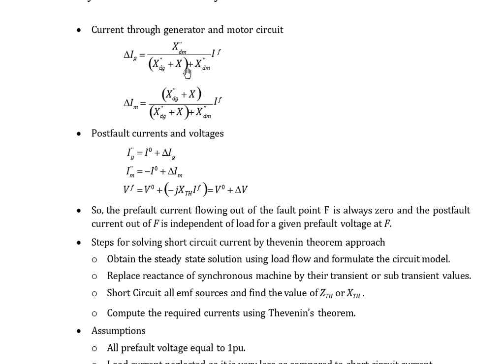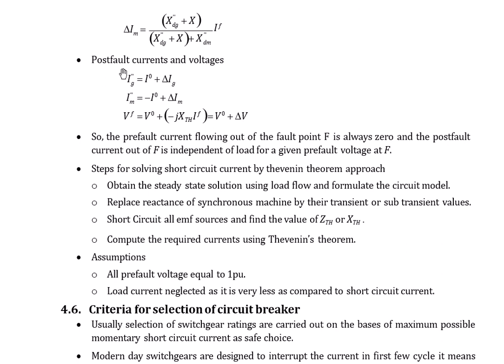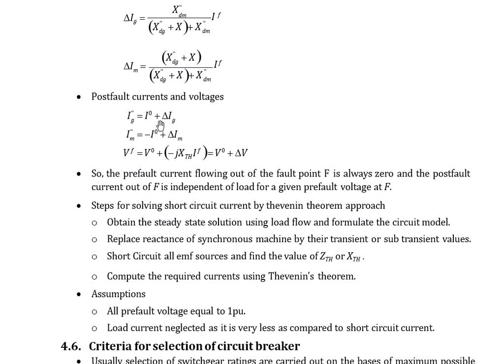After finding the impedances, delta IG is XDM double dash divided by XDG double dash plus X plus XDM double dash, into IF. This is the generator current and this is the motor current; both are different. Post-fault currents and voltages are IG double dash equals I naught plus delta IG, which is the increment after the fault, and IM double dash equals minus I naught plus delta IM.